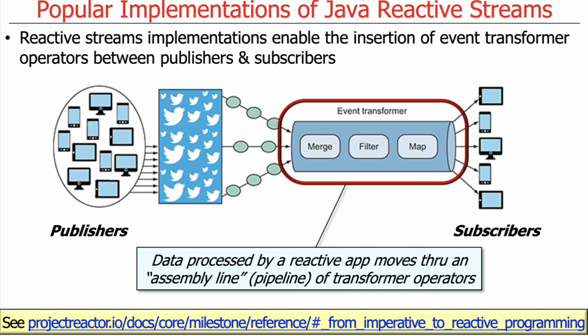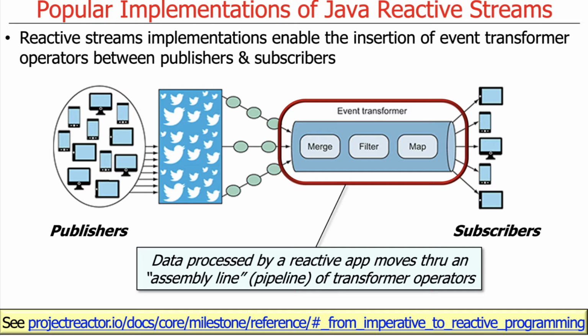And you can use them to define a pipeline or an assembly line of transformer operators that will filter, merge, transform, whatever, the flow of events from the publishers to these subscribers. So that's what goes on in the middle.